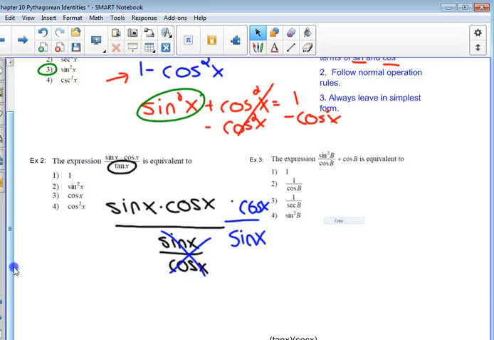That's one. Anybody think they got it? They can show their work. Perfect.